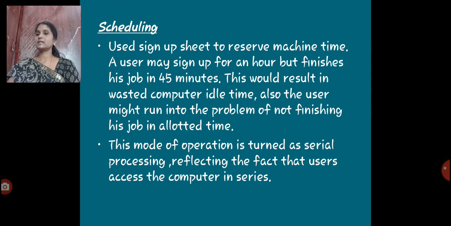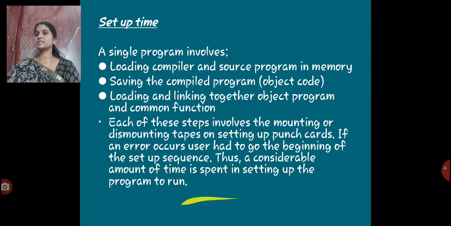In the other case, if the job takes more than 1 hour, that is, if the job's running time lapses, then there is no way of executing the job successfully because the time is already over. So that is a problem in serial processing, and this mode of operation is termed serial processing, which reflects the fact that the users of the computer can use the computer system one by one. So this is called serial processing.